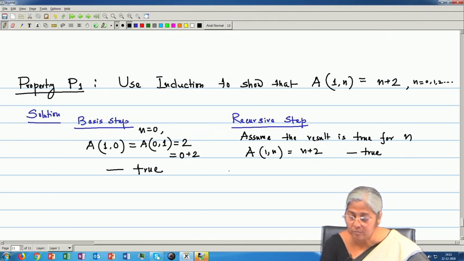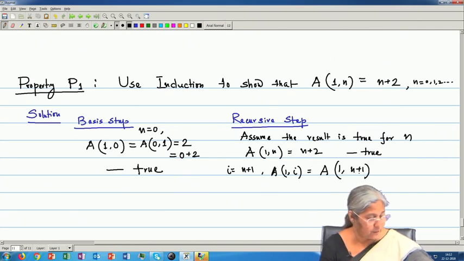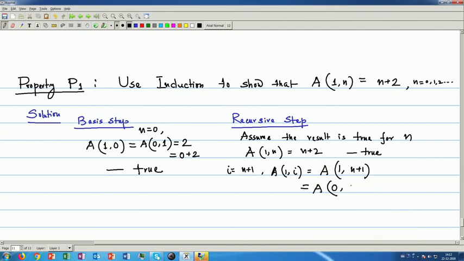So, for i equal to n plus 1 I can write A(1,n+1), and if I apply the recursive definition of Ackermann's function, this becomes A(0, A(1,n)).